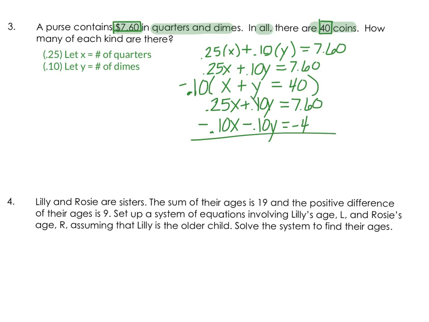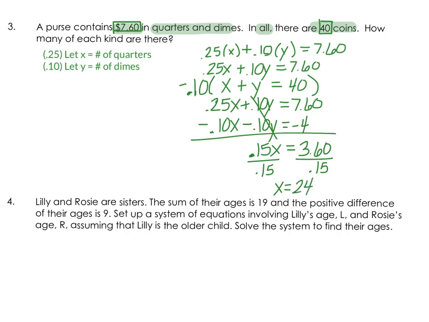And then we can combine these. The y's will cancel. 0.25 minus 0.10, 25 cents minus 10 cents is 15 cents x equals $7.60 minus $4 is $3.60. And then we can divide both sides by the 15 hundredths. Put that in your calculator, and that'll give you an x value of 24.